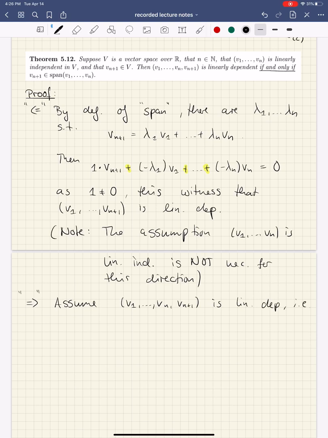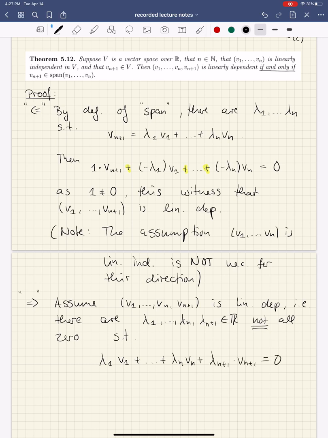Then there are lambda 1 through lambda n and lambda n plus 1 in R, not all 0, such that lambda 1 v1 plus all the way up to lambda n vn plus lambda_{n+1} v_{n+1} is equal to 0.